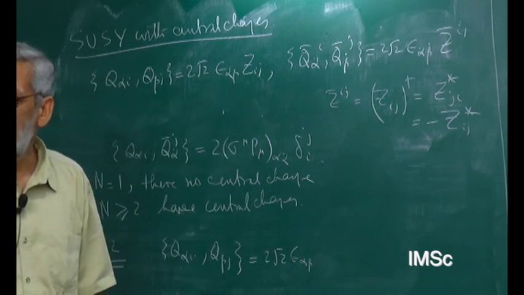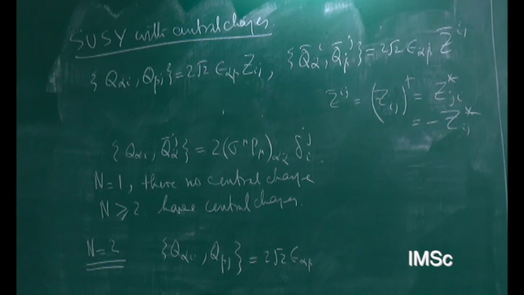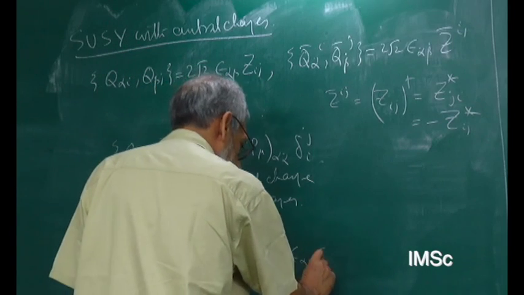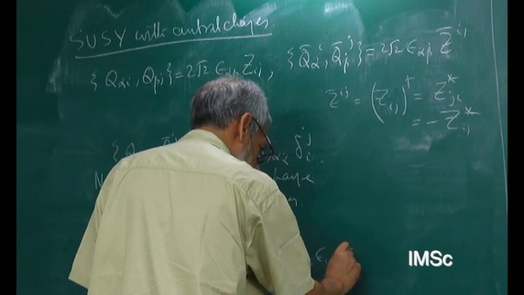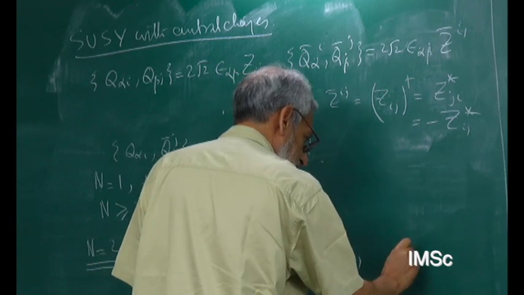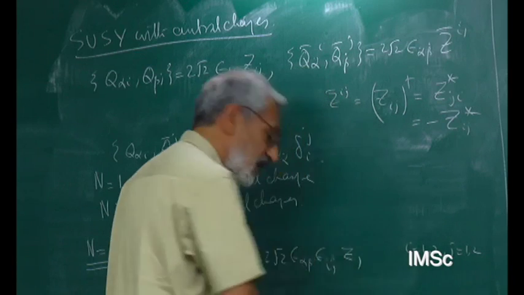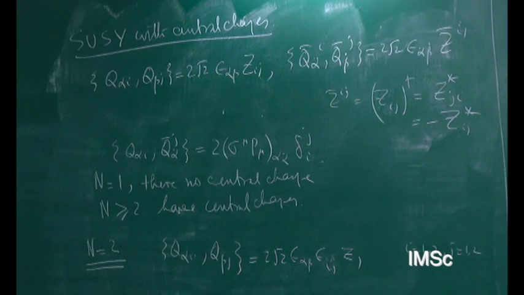Z^{IJ} is simply a 2 cross 2 antisymmetric matrix. So I can write that as epsilon IJ times Z. I is 1, 2, J is 1, 2, and epsilon IJ is antisymmetric in I and J indices with values +1 or -1 or 0.